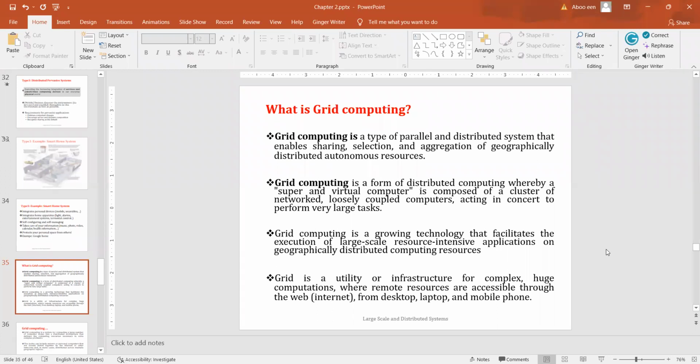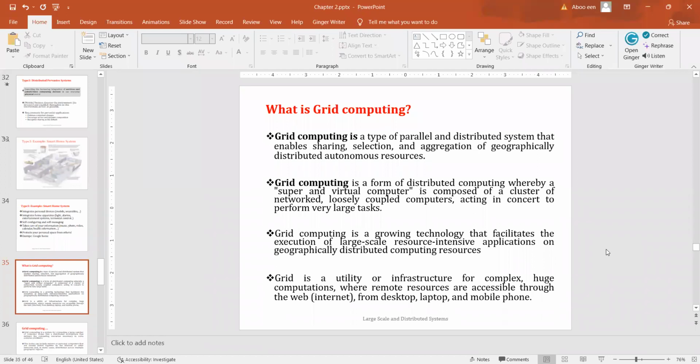Grid computing is a growing technology that facilitates the execution of large-scale, resource-intensive applications on geographically distributed computing resources. Like, a branch office may be in one location, headquarters in another, and a regional office in another.